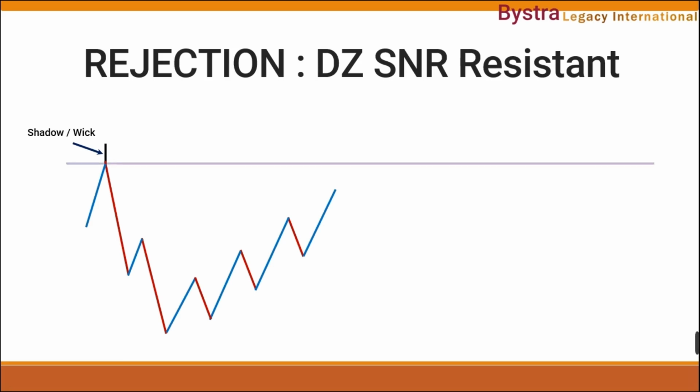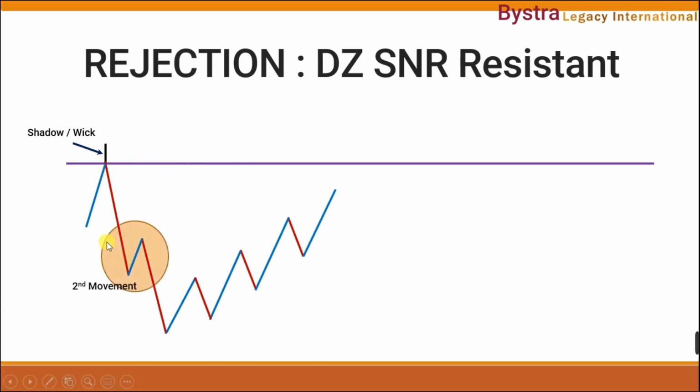a rejection. So first, guys, remember, as always, what is the step always? First, we go to the higher time frame, which is the monthly, weekly, or daily. In this case, we'll be using the weekly time frame. Second, we go to the line chart, and then we mark the horizontal line at the edge of the resistance.